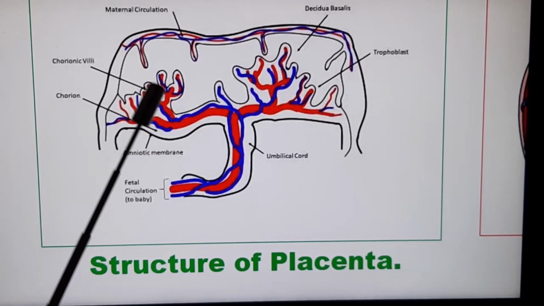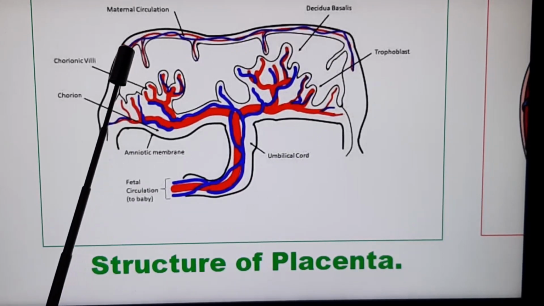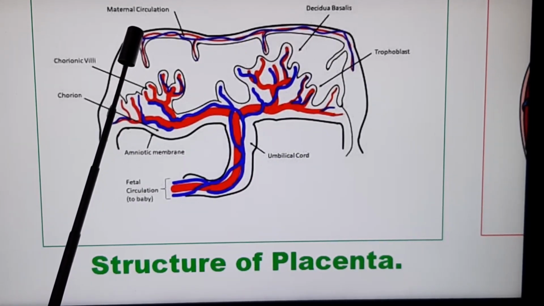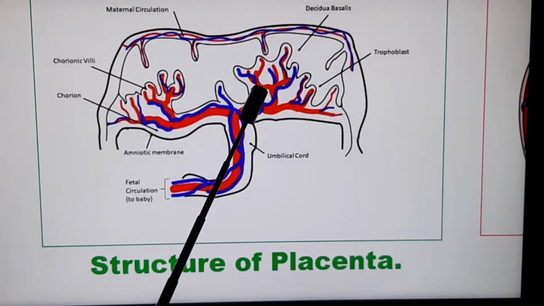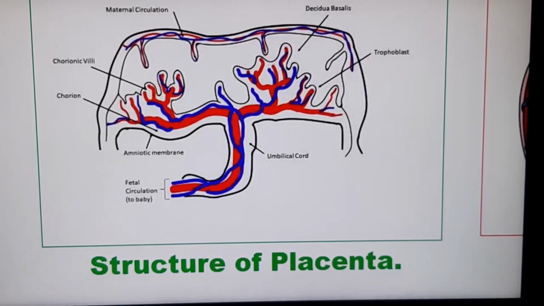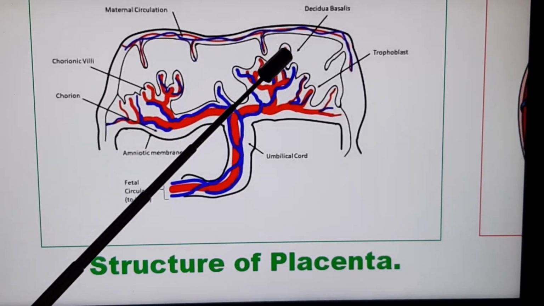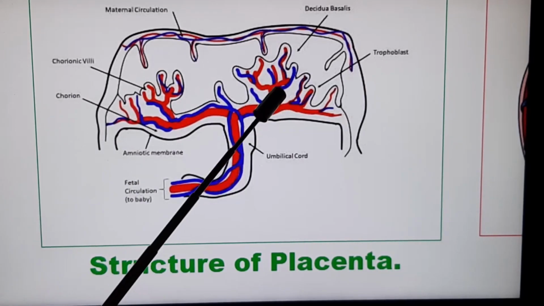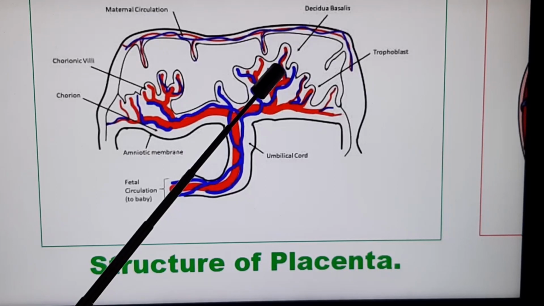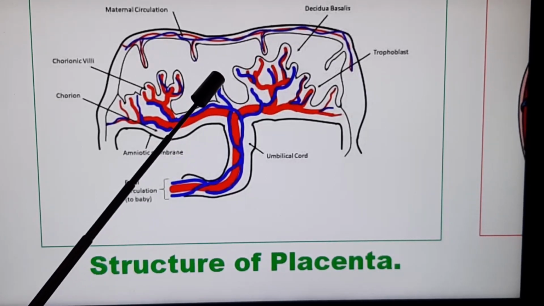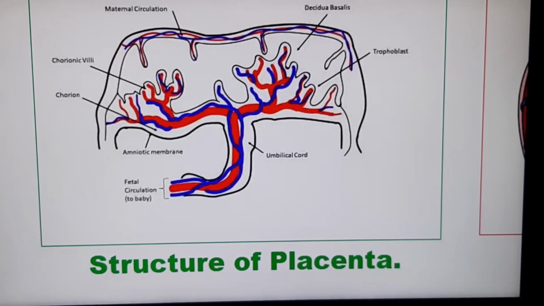And you can see this is the maternal blood circulation, the mother's blood circulation. There is no direct connection between the maternal blood and the fetal blood. It is not directly mixing up. The maternal blood reaches up to the placenta, and the fetal circulation up to the chorionic villi, the blood capillaries. From there, the materials are exchanged by the process of diffusion.